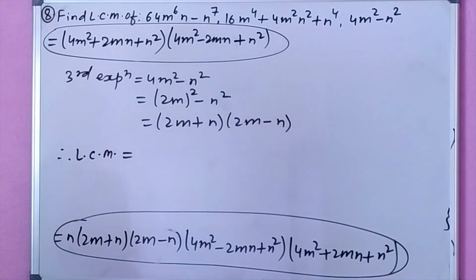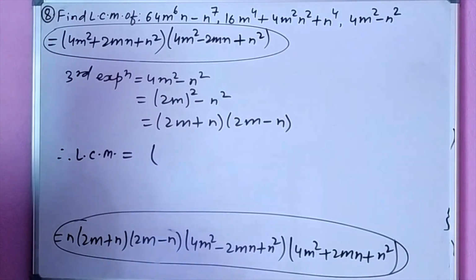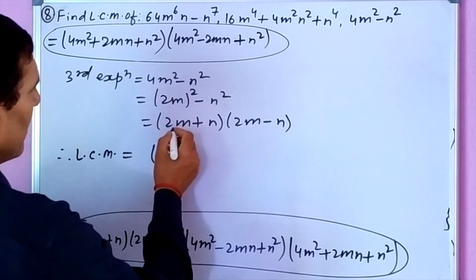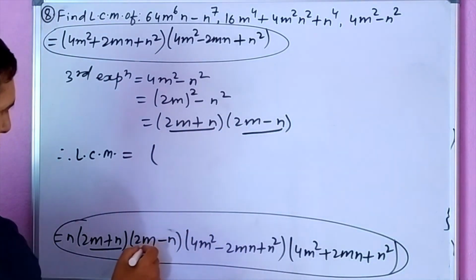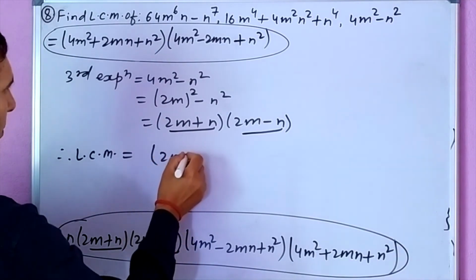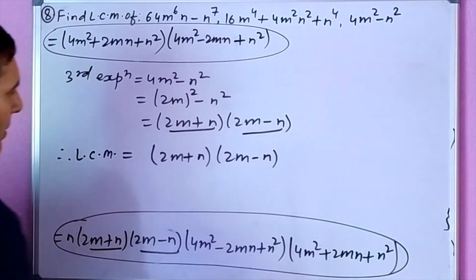We can't see any factor common in all three, so we find the factor common in two expressions. In two expressions, what is common? 2m plus n and 2m minus n.